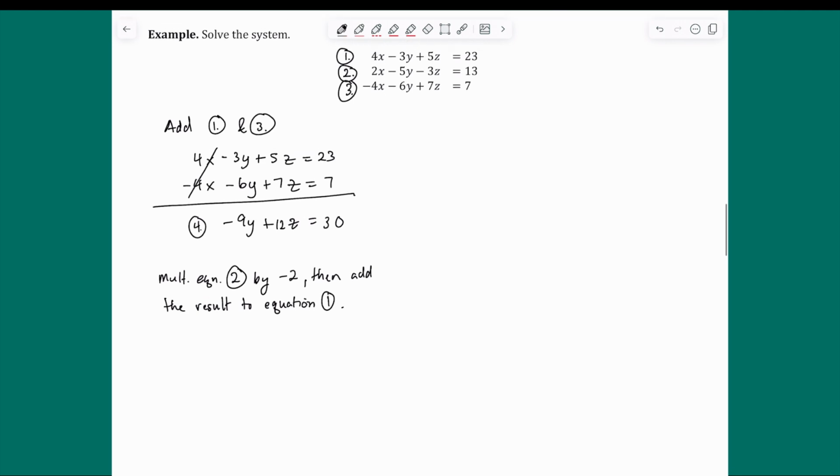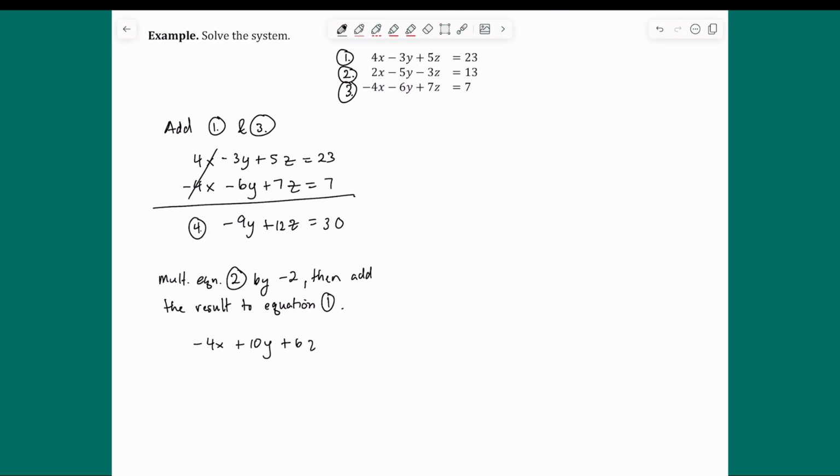Okay, so let's multiply equation 2 by negative 2. So I get negative 4x plus 10y plus 6z equals negative 26.